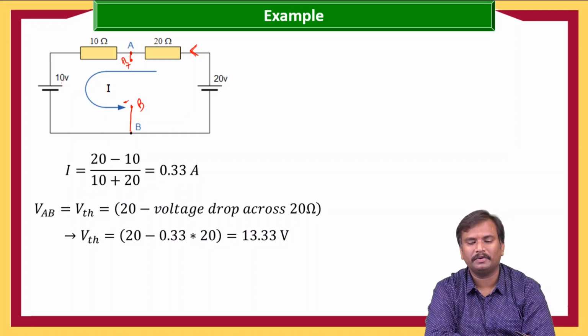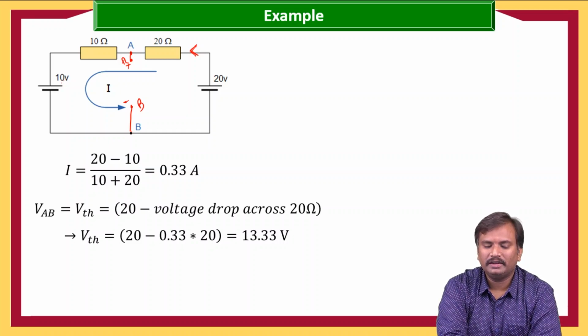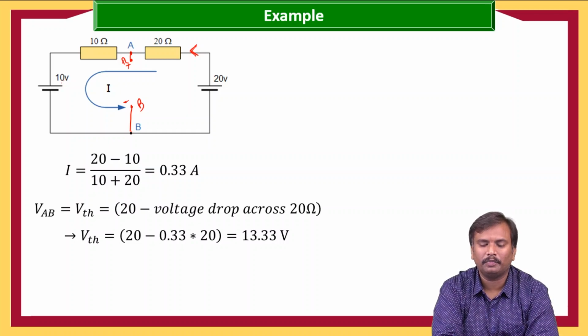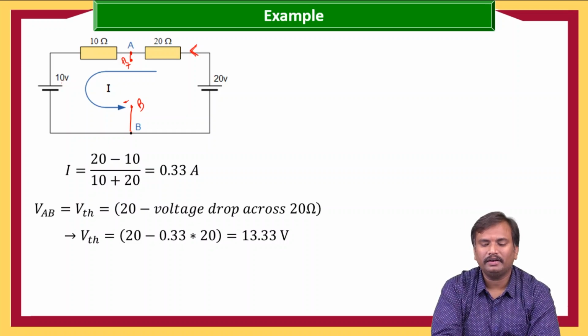So VAB is equal to VTH, which is equal to 20 minus 0.33 into 20, which is equal to 13.33 volts. This is one way of calculating the Thevenin voltage.